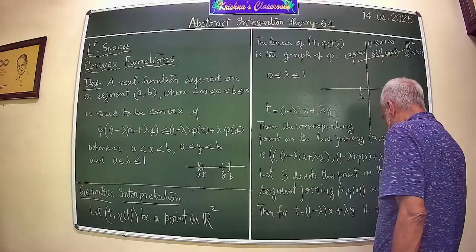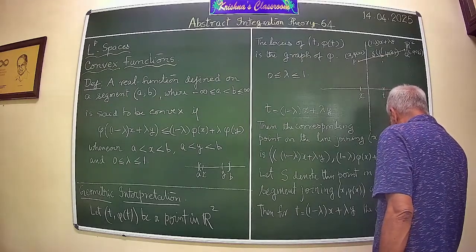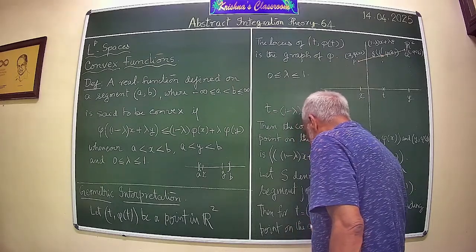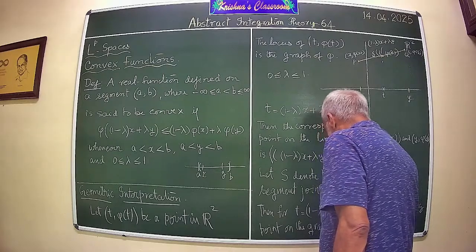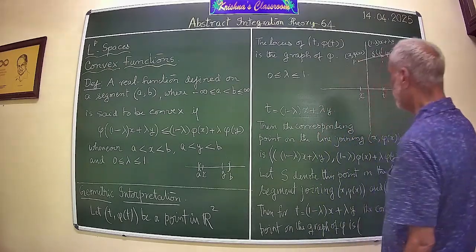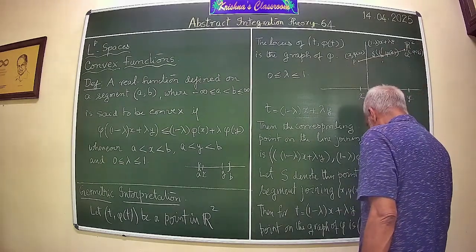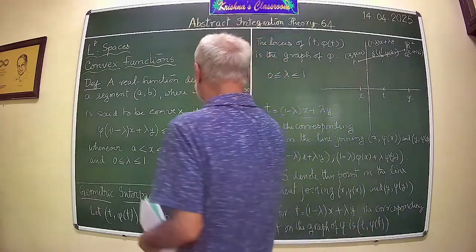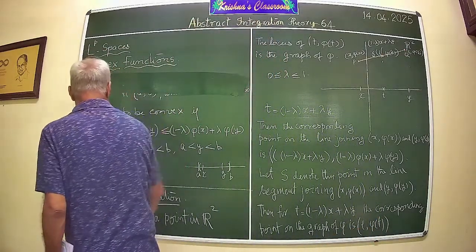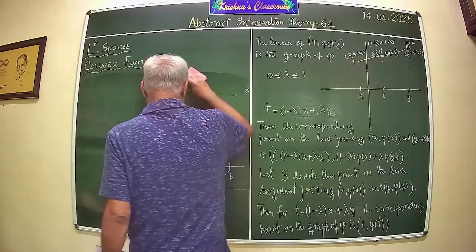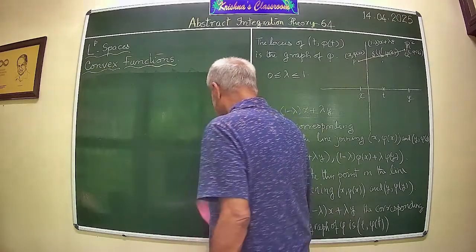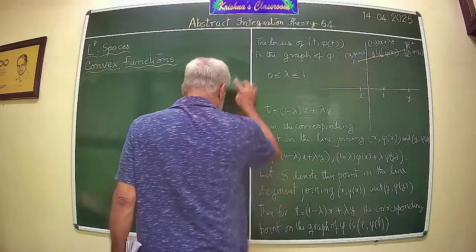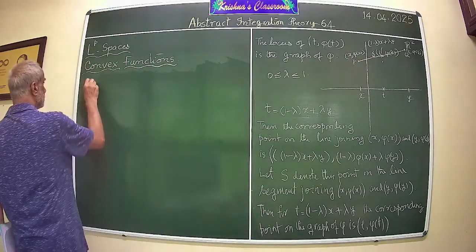The corresponding point on the graph of phi is, what is it? t, phi of t.